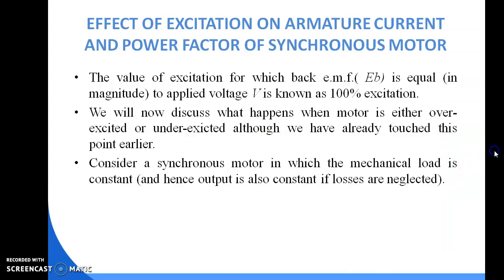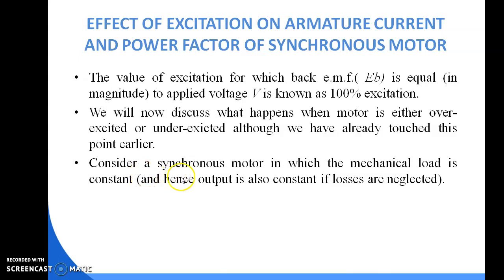Now we will go one by one. The value of excitation for which back EMF EB is equal to the applied voltage V is known as 100% excitation. We will now discuss what happens when the motor is either overexcited or underexcited, although we have already touched this point earlier.